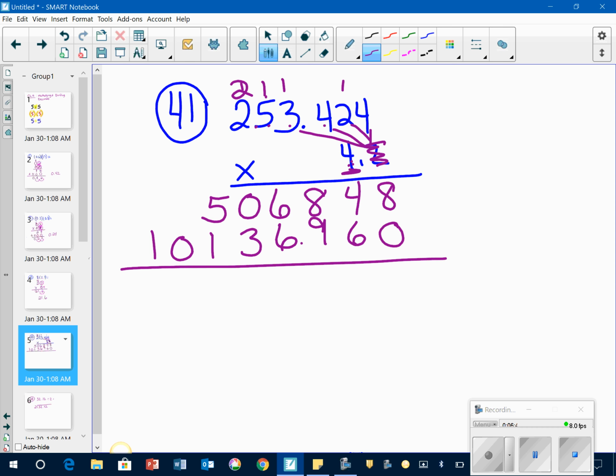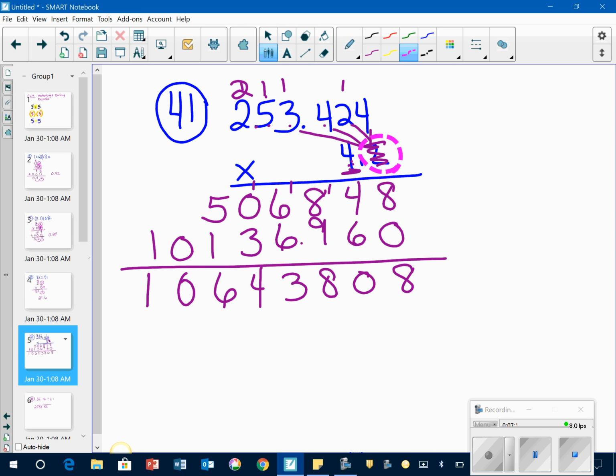Okay, then we're going to add them up. 8 plus 0 is 8, 6 plus 4 would be 10, carry a 1. 9 plus 8 plus 1 would be 18, carry the 1. 6 plus 6 is 12, plus 1 would be 13. 3 plus 1 would be 4. 5 plus 1 would be 6, 0, and then 1. Okay, so now we look to see how many decimal places we have.